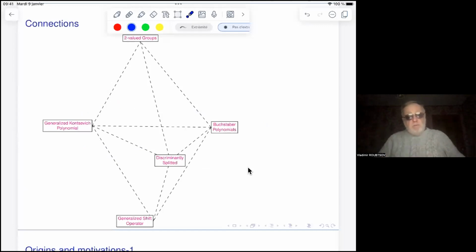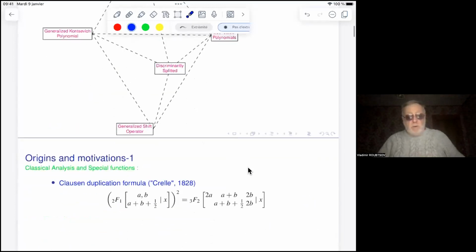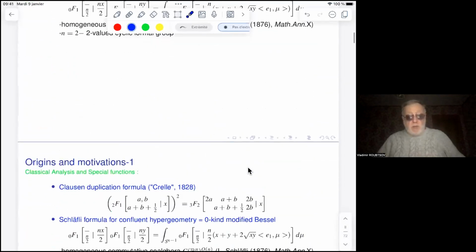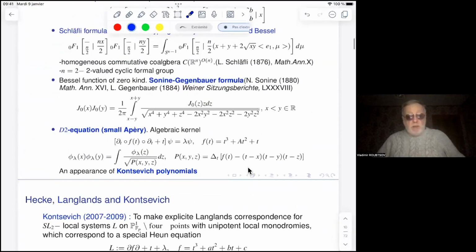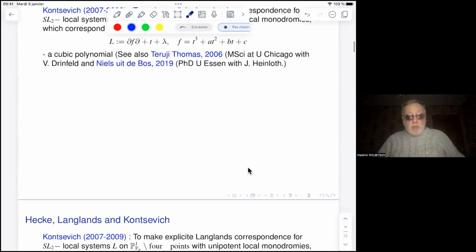One vertex is the structure of a two-valued group, especially important. It is amazing that the most important and simple, the elementary two-valued group, is defined by the simplest polynomial.